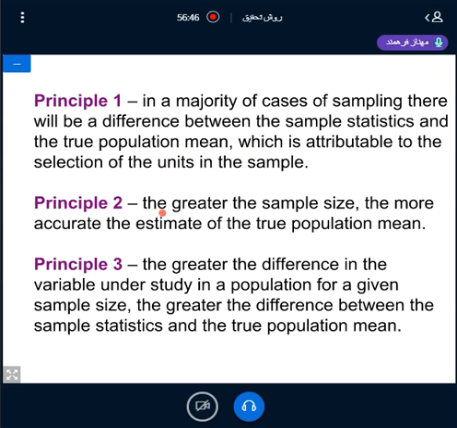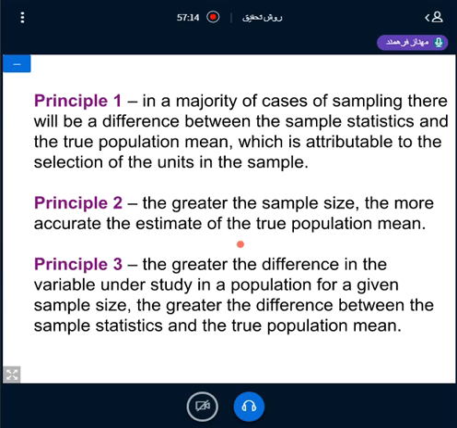Principle two is that the greater the sample size, the more accurate the estimate of the true population mean. That means if your sample size is greater, your accuracy is more, okay? And your study is doing better and better.